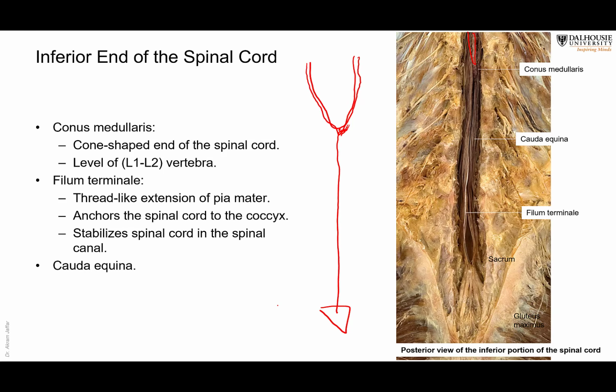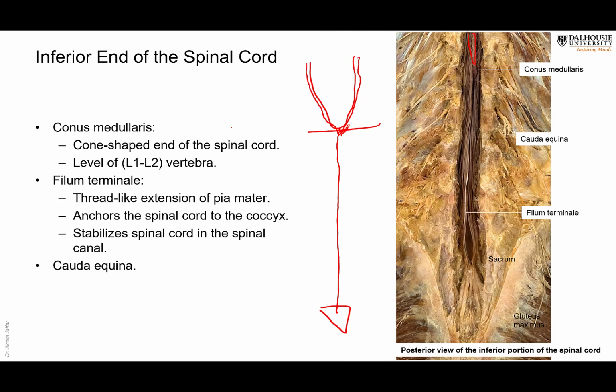You can see it here among the other nerves, among the roots of the nerves. It is a little bit grayish in color, lighter in color at this location. It's very light, and you can differentiate it from the nearby nerves. So it's called the filum terminale.